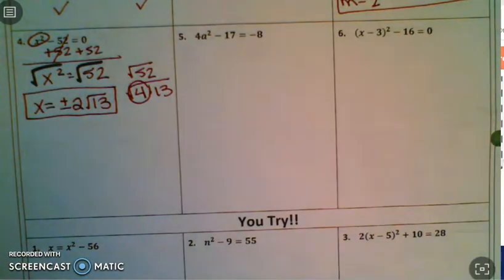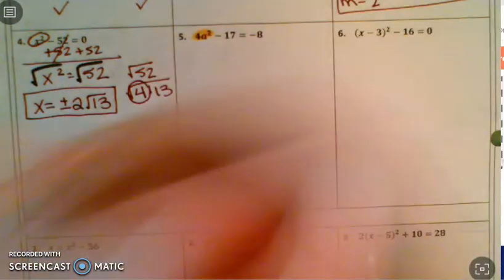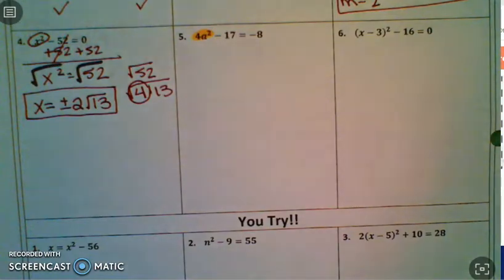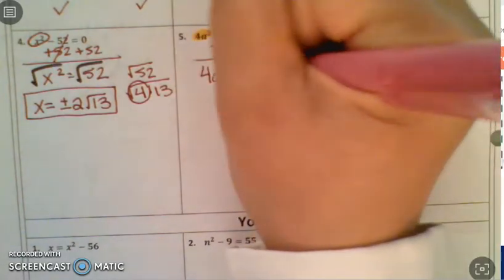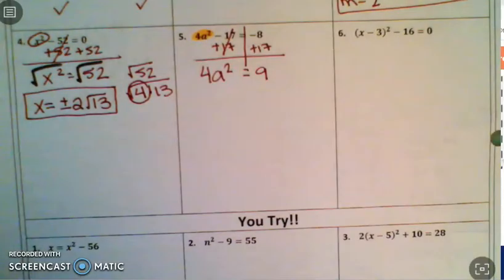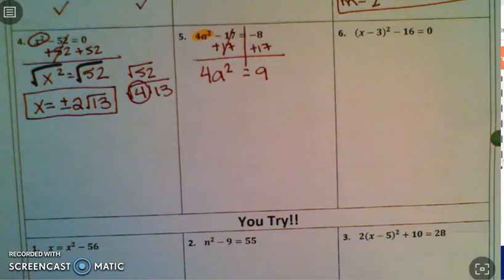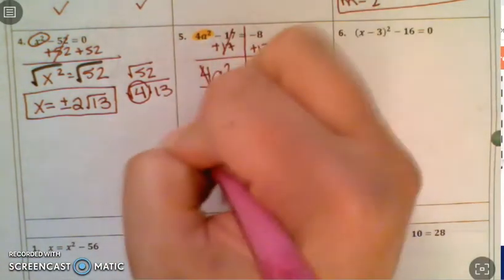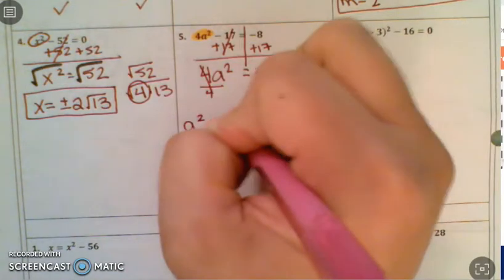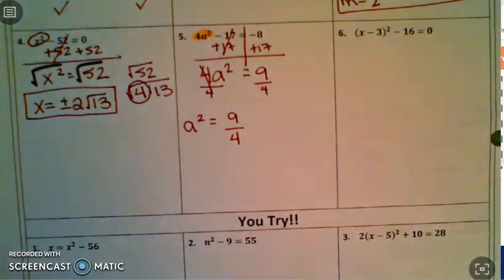Okay, number 5. Again, we need that part by itself. So I need to add 17 to both sides. 4a squared equals 9. Again, a squared is not by itself, so you have to divide each side by 4. So a squared equals 9 over 4, which is fine, it's a fraction.